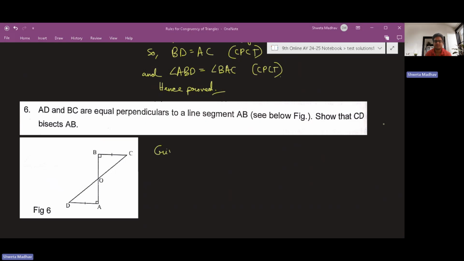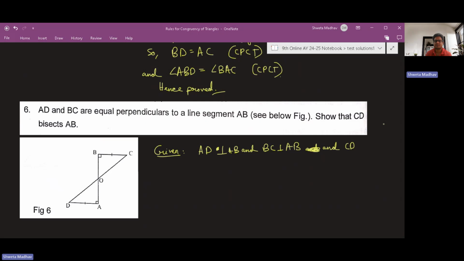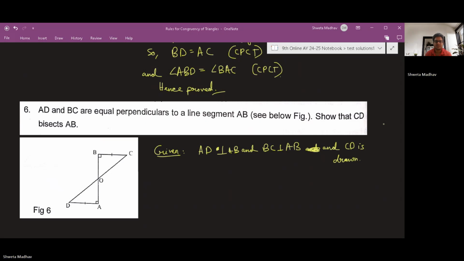So what is given? I will write that first. AD is perpendicular to AB, and BC is also perpendicular to AB. The line segment CD is drawn, so two triangles are formed, as you can see: CBO and DAO.